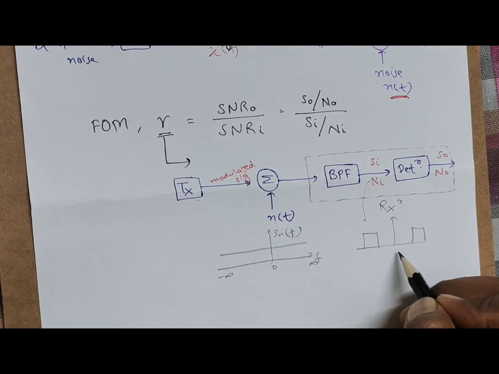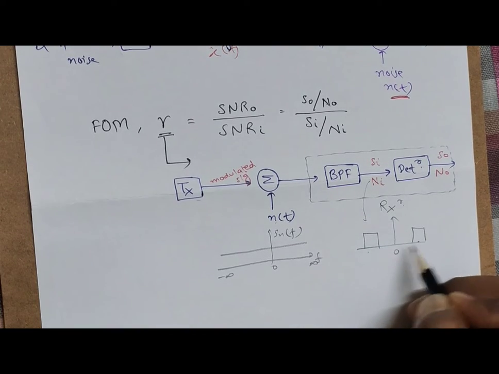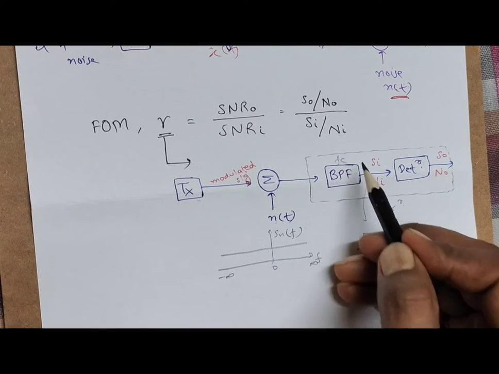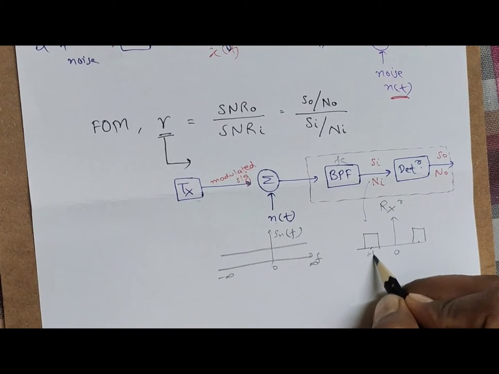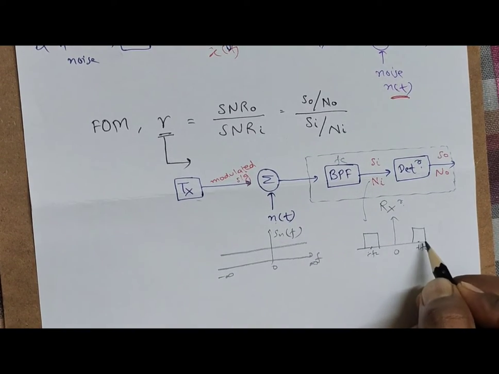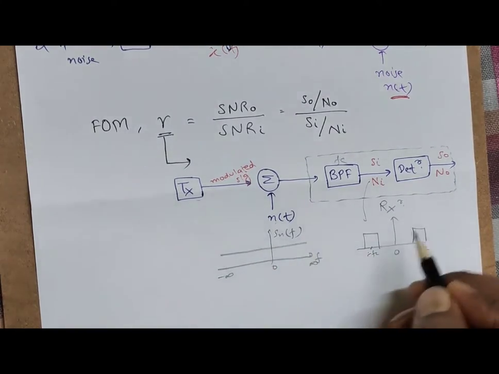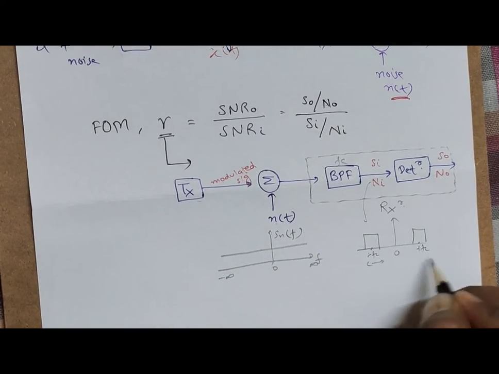This is the power spectral density. Let's say this bandpass filter's center frequency is FC, so around plus minus FC, this whole wideband noise will be converted into a narrowband noise.